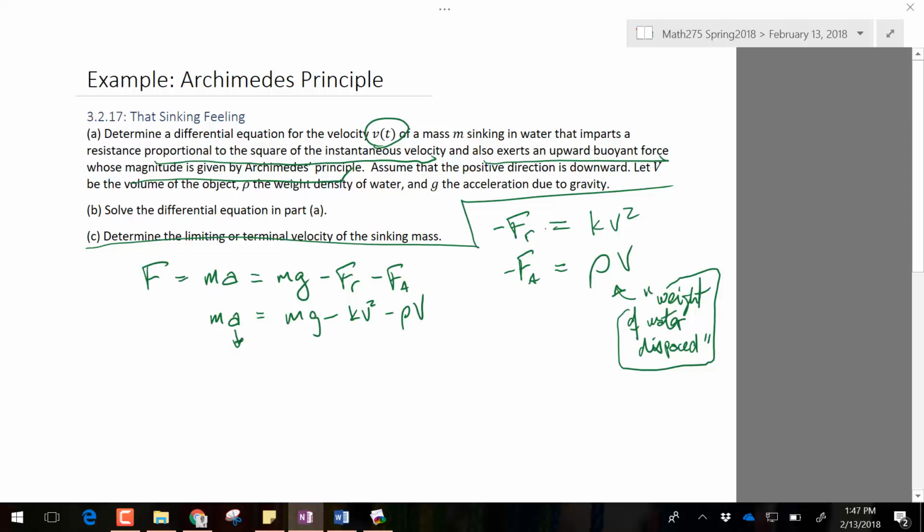So we want to turn the a into dv dt, because acceleration is the derivative of the velocity. And we can divide out the m. So g, k, m, rho, capital V are all constants.